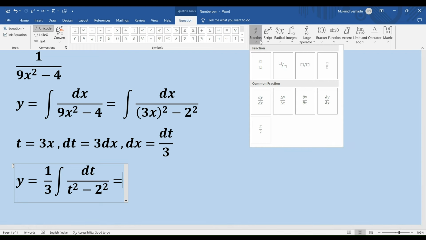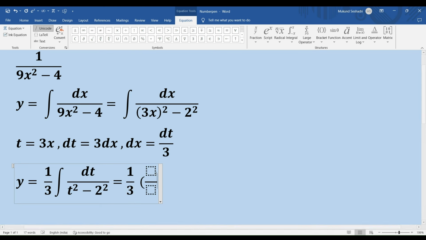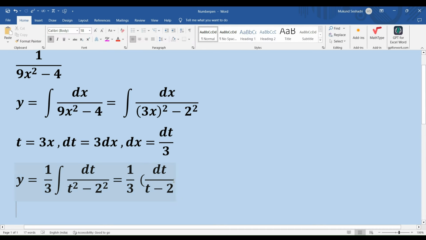So the way I can do this is 1 by 3 times, my t square minus 2 square in the denominator is nothing but a t minus 2 into t plus 2, right? So I'm going to use that particular formula in algebra to resolve this using partial fractions, right?